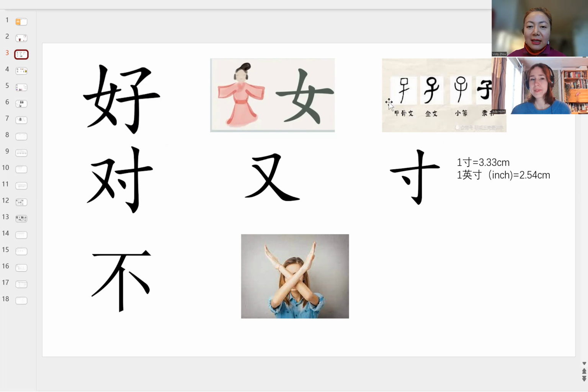So when the girl and boy are combined, it's good. 好 means good. This is just my explanation for students to memorize 好. But of course, you can have your own story. You can share with us if you have your own story for 好.